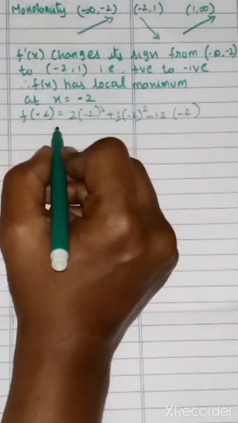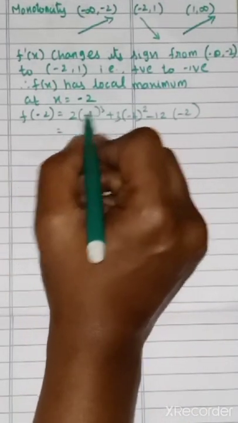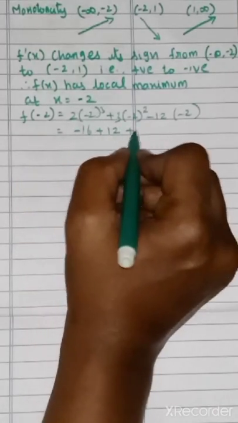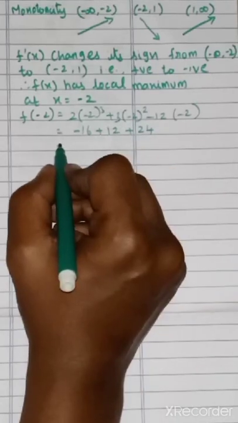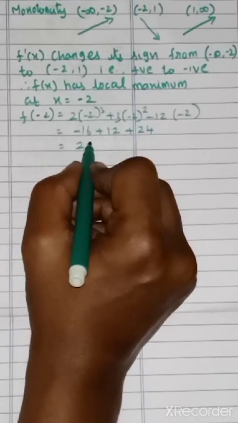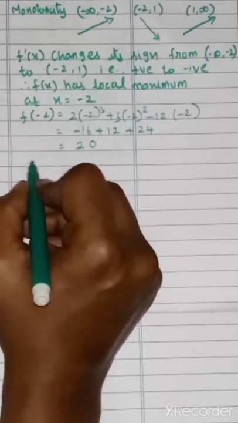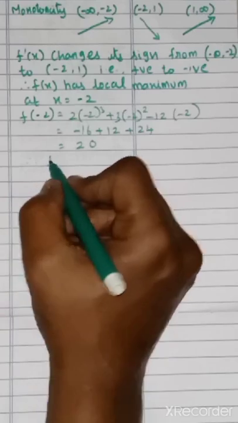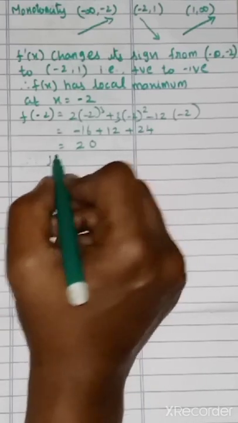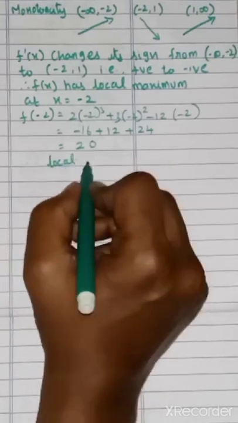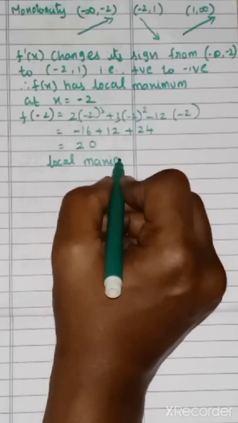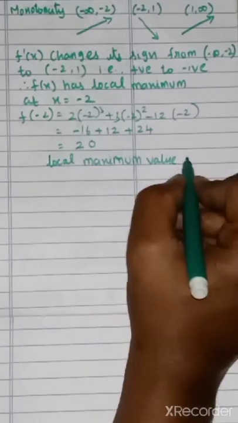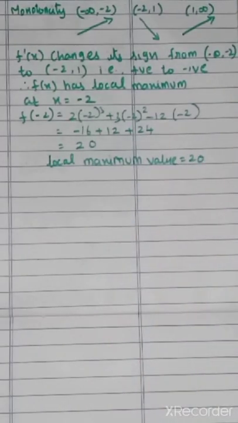Okay, if we simplify, 2 2s are 4, 4 2s are 8, 8 2s are 16, minus 16 plus 12 plus 24, which, simplifying, is equal to 20. Therefore the local maximum value is 20.